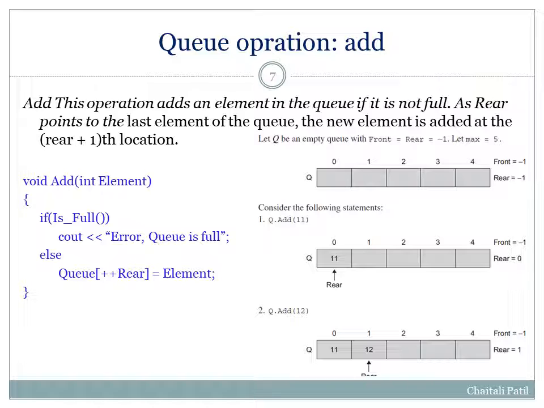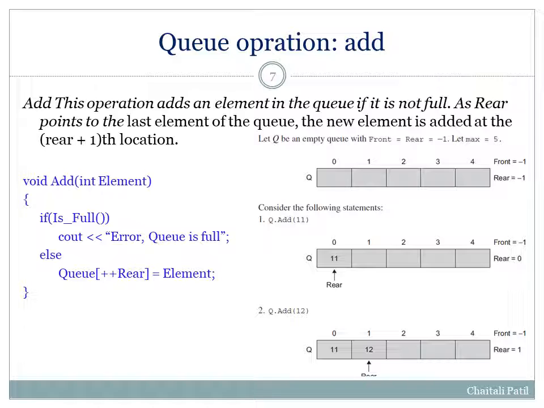If the queue is not full, then first we have to increment the rear pointer. See, here rear is set to -1. So whenever we are adding the first element in this queue, it will be stored at queue of 0th position. So the rear pointer will be incremented first. This is the pre-increment operator.